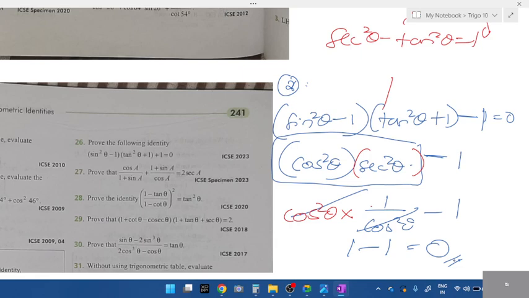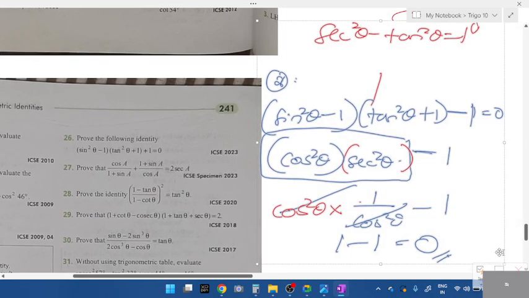Got it? Okay, try the 27th question, students. Take LCM. Denominators are different. Cross multiply. We need 2 sec theta. Try to convert all the sin into cos. First cross multiply. Try the 27th question. Are you all done? Did you all understand?